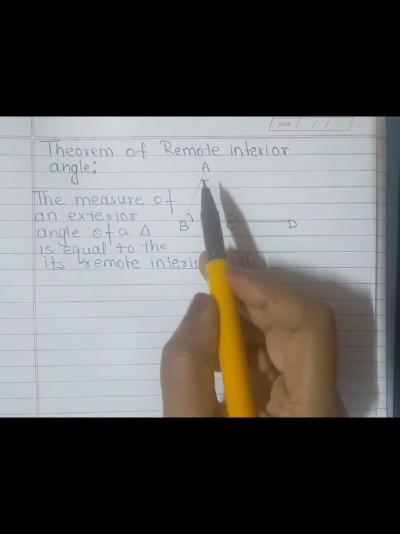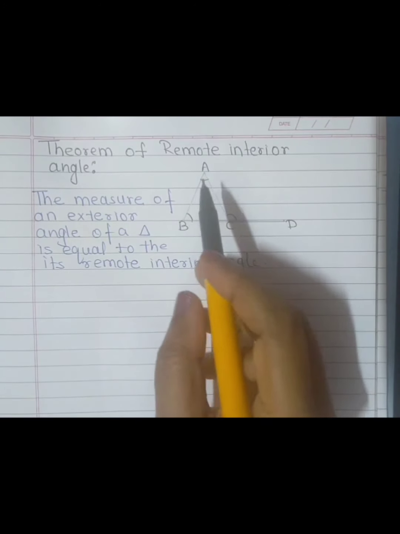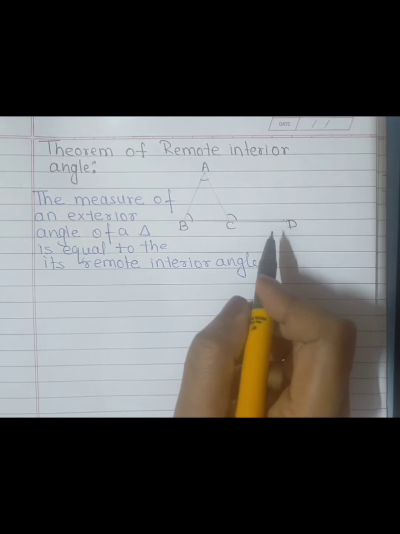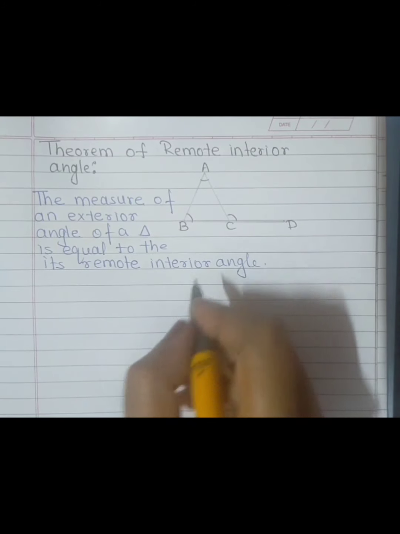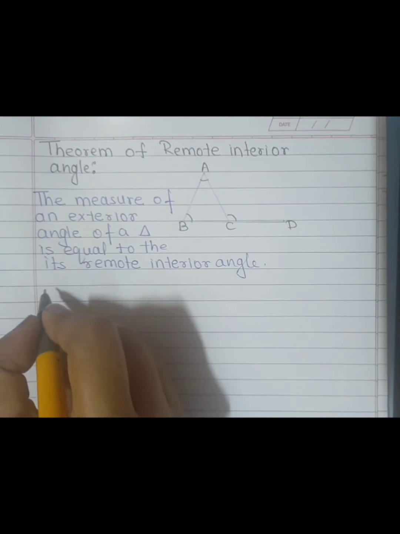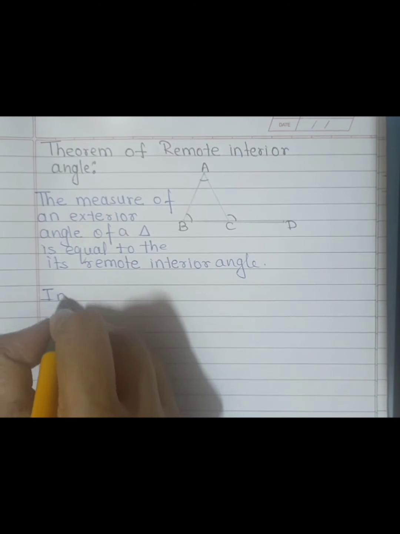Means angle ACD is equal to what? Okay, so first we are going to write the given in triangle ABC.